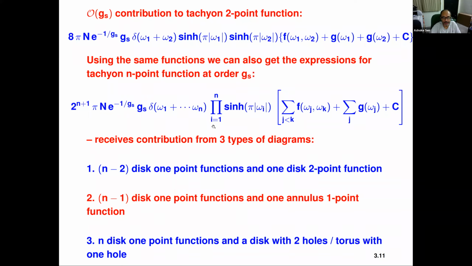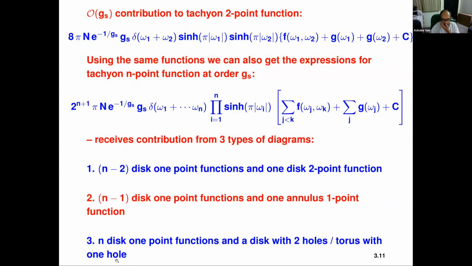the way to get a contribution to the n tachyon Green's function or n tachyon amplitude is that we can either have n minus 2 disk 1-point functions and 1 disk 2-point function, or you may have n minus 1 disk 1-point functions and 1 annulus 1-point function, or n disk 1-point functions, and then a disk with 2 holes or a torus with 1 hole.